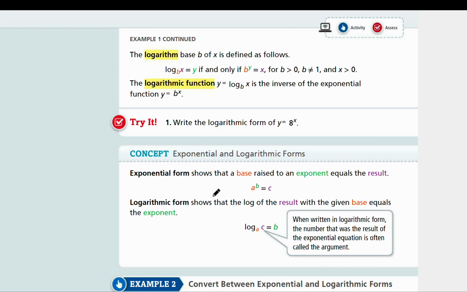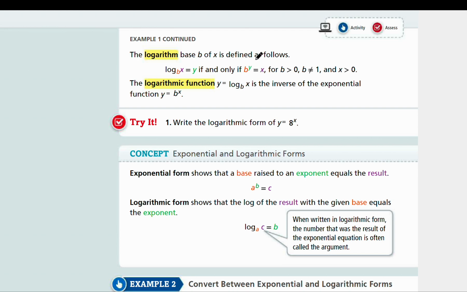So here's the concept. Log base b of x is equal to y if and only if b to the power of y is equal to x. These are different forms of the same equation, just different ways to write it, because log and exponents are inverse operations.